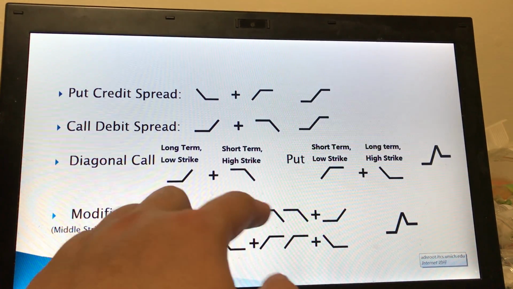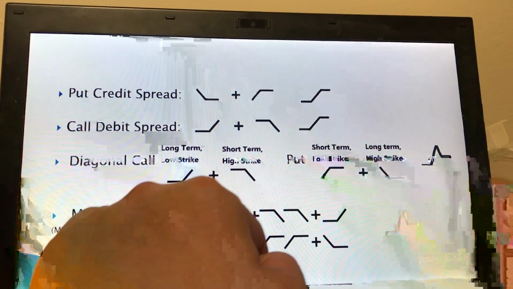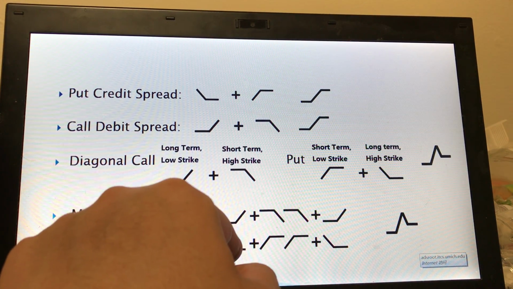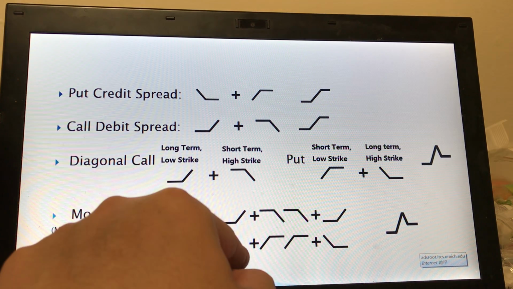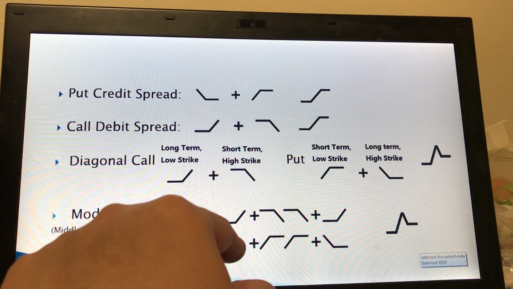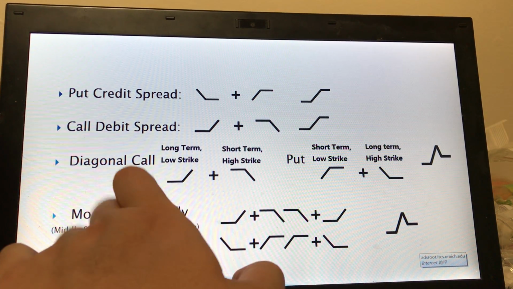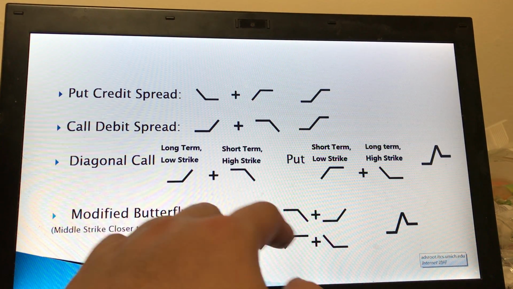The middle strike is closer to the higher strike than to the lower strike. For the modified butterfly using put options, this is a long put, there are two short puts, and this is another long put. Again, the middle strike is closer to the higher strike than to the lower strike.